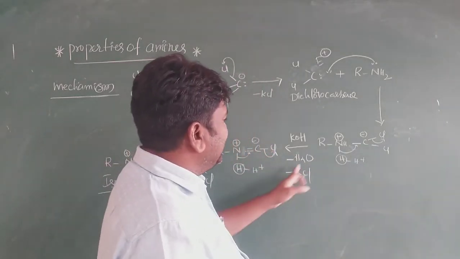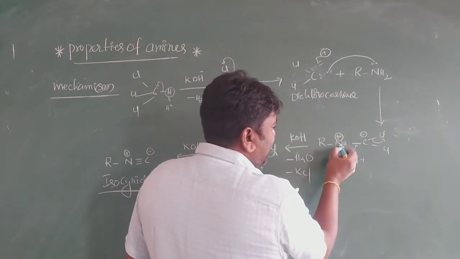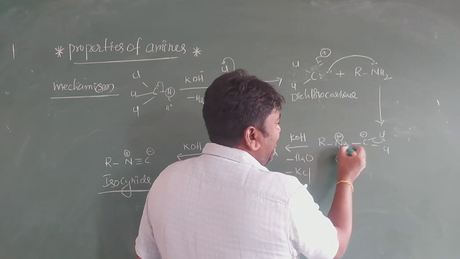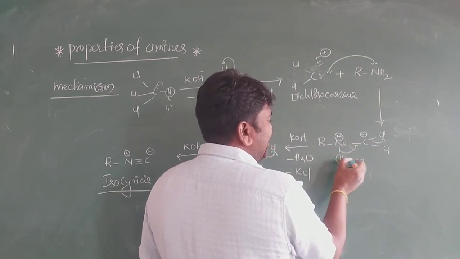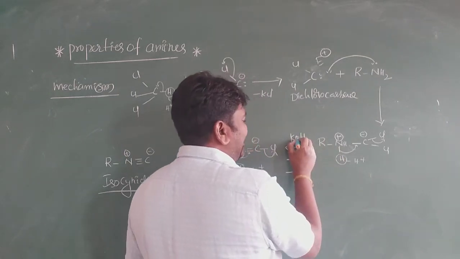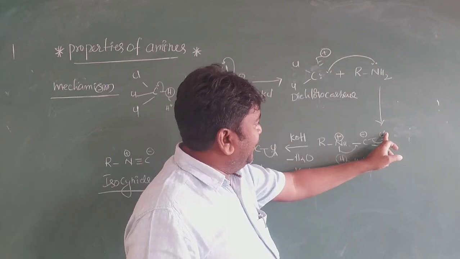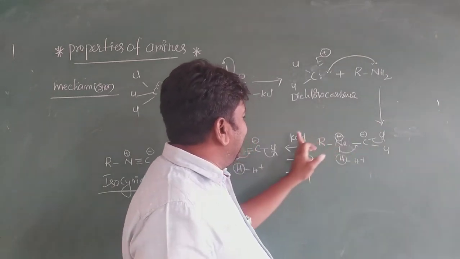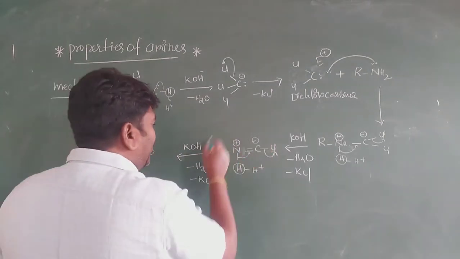We have to see, this compound is formed. This sigma electrons are shifting to here, and a pi bond is formed between nitrogen and carbon. Next, this H plus combines with the OH minus, water is eliminated. These two electrons are gained by chlorine, so Cl minus and K combine, KCl is eliminated. Next, this compound is formed.